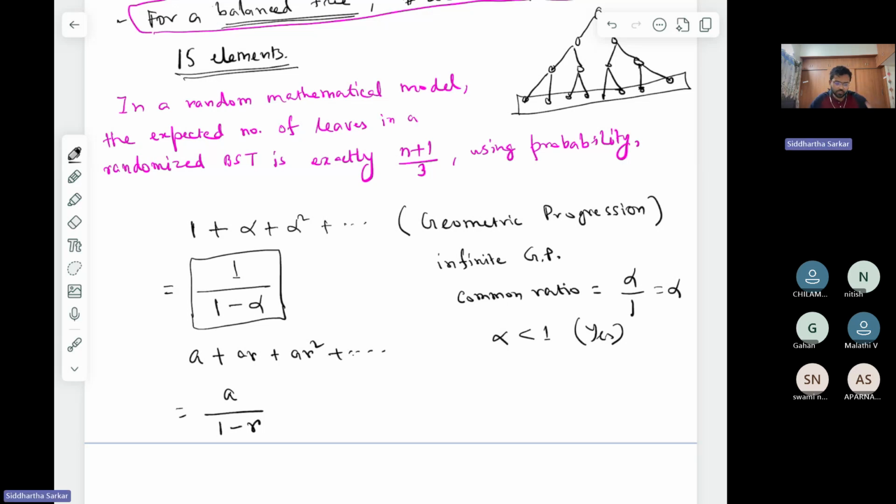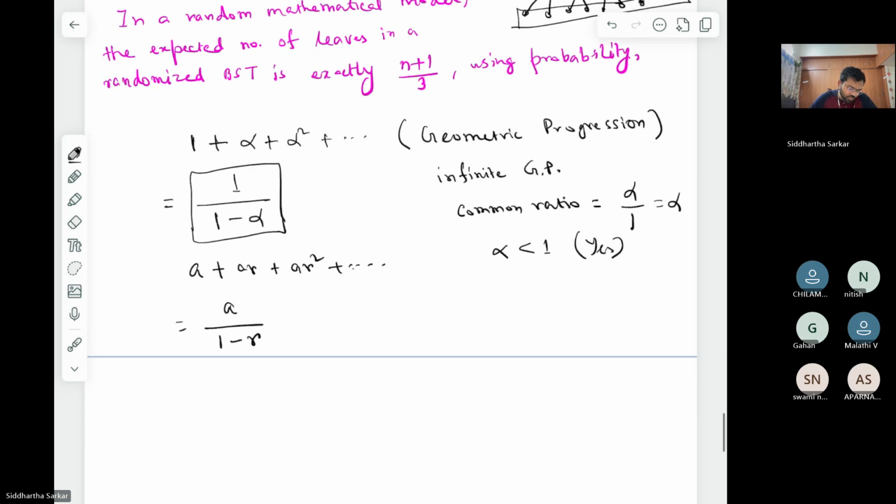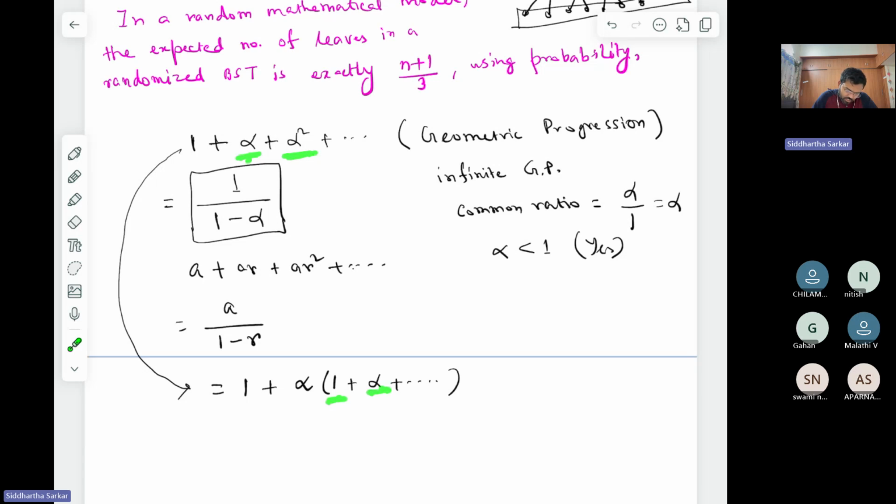But you can also do it from scratch. For example, how to do this, I'm telling you. So you can write this as, so take alpha common second term onwards. So you are going to get this thing. Here we have taken alpha, so we get 1. Here we have taken alpha, so we get alpha. So what is this part?